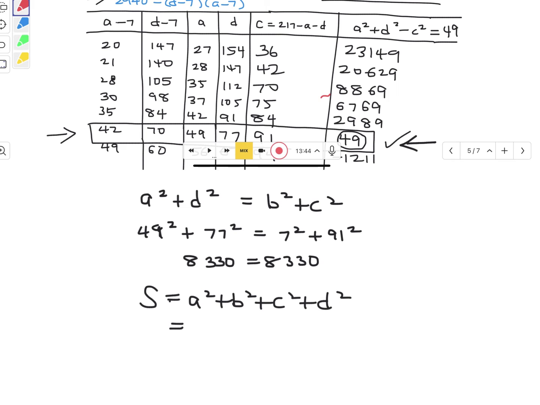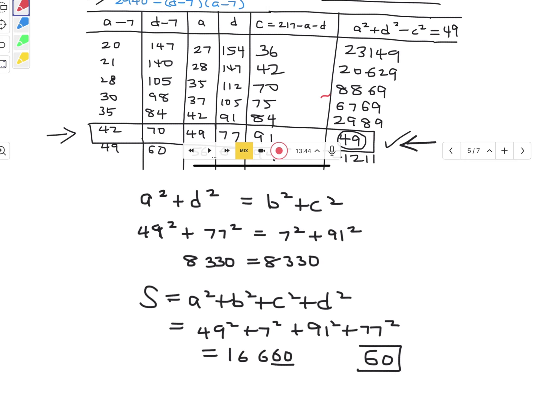So let's plug in those numbers. We got 49 squared plus 7 squared plus 91 squared plus 77 squared. And that works out to 16660. And they want the rightmost two digits, which are 6 zeros. So 60 is the answer to this question.